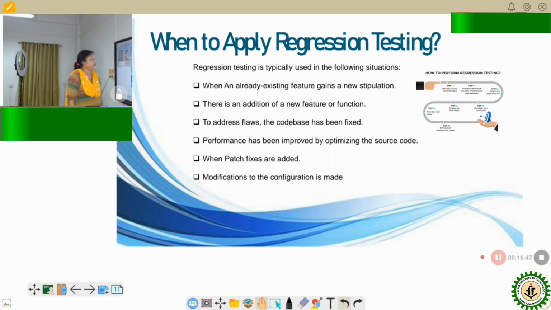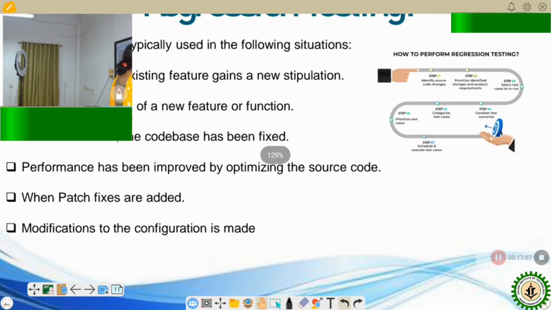When we apply regression testing, how do we perform it? Step one, identify the source code changes.